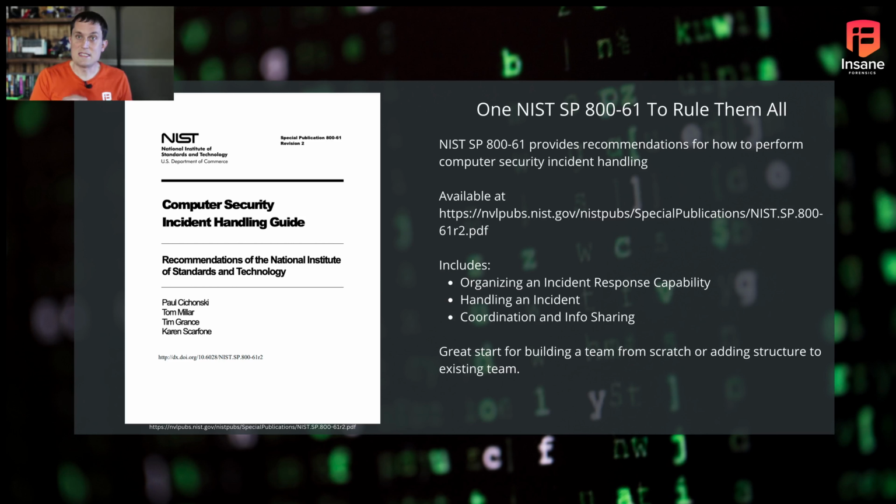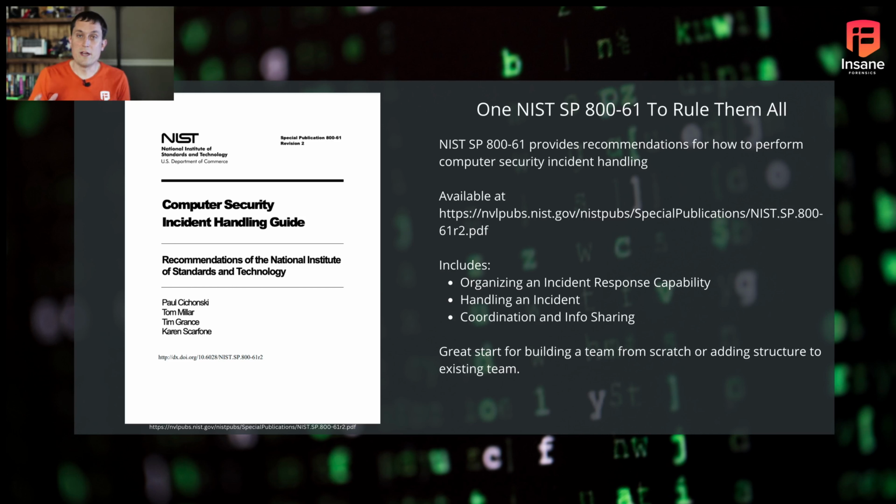The basis and foundation of the structure we're going to use today comes from a very core document from NIST. NIST is a US government agency. They put out a lot of recommendations on how to do things. Specifically, NIST 800-61 is the one related to incident response and incident handling.